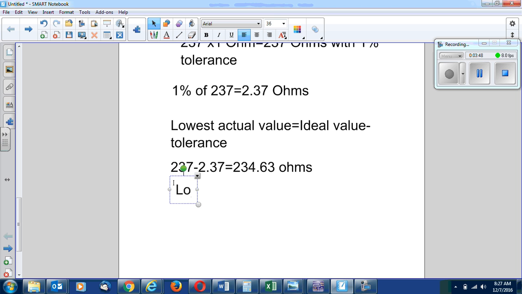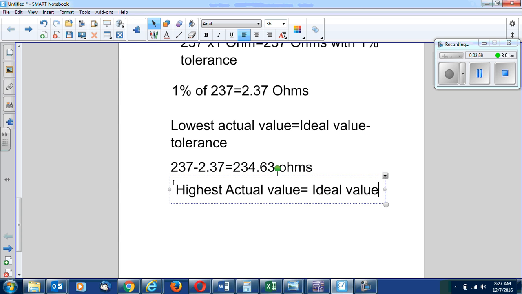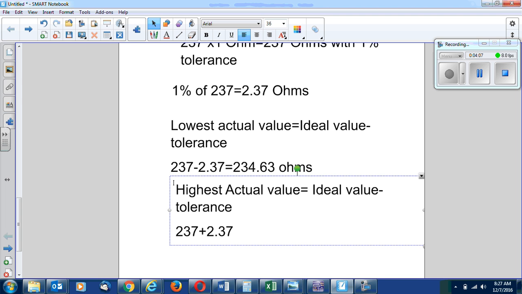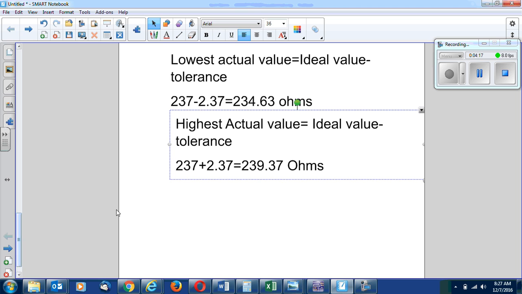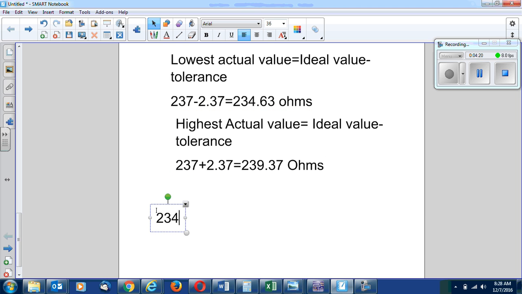So let's find the highest actual value. Once again, it's ideal value plus tolerance. In this particular case, it's 237 plus 2.37, so it's 239.37 ohms. So this time our inequality looks like this. I have 234.63 as my lower bound.